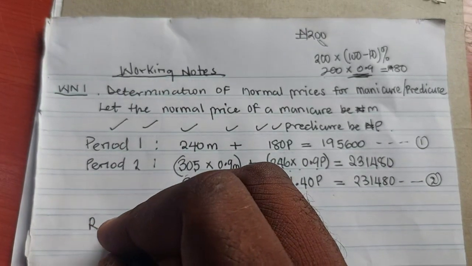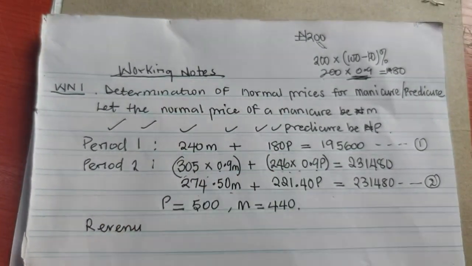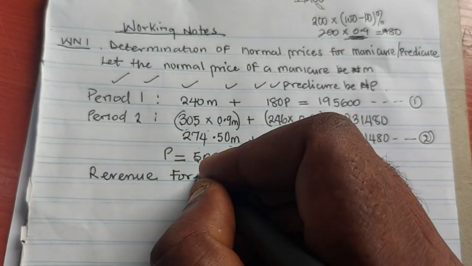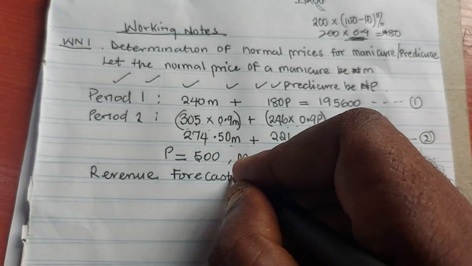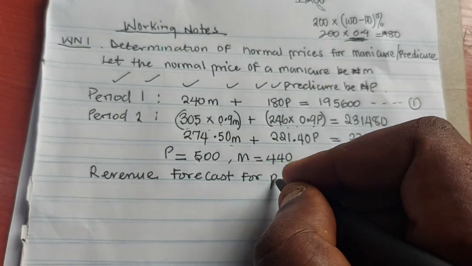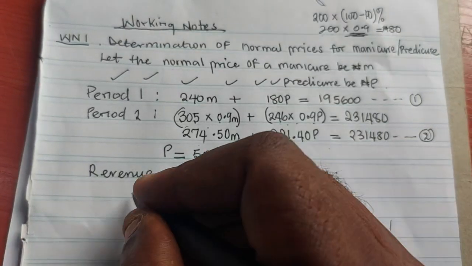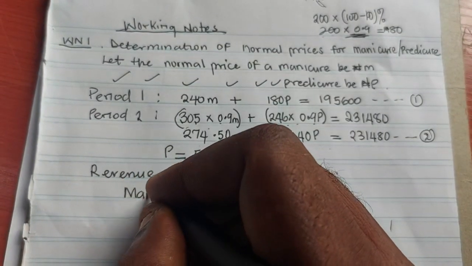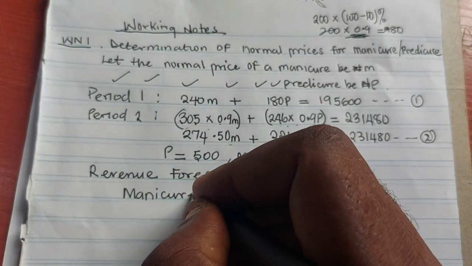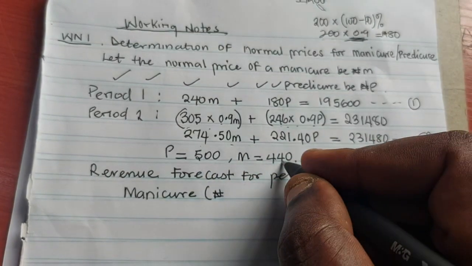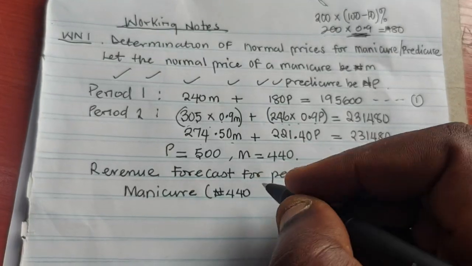So our revenue forecast for period 4, manicure, is how much? The price is 440.